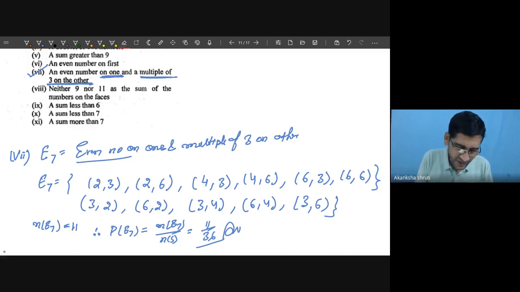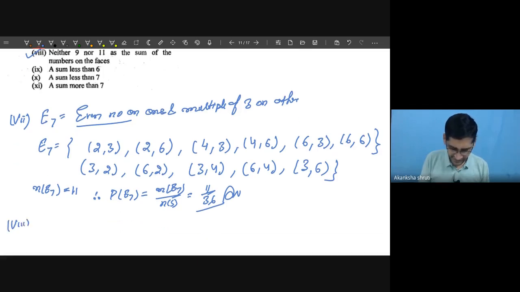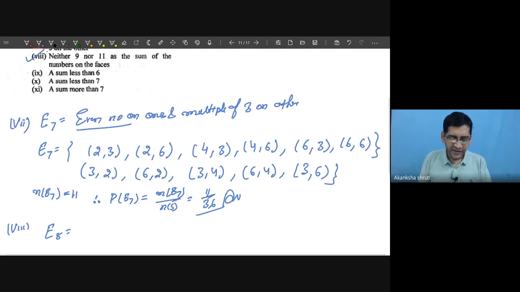Now let us come to the next question. Question number 8. Let us write down the event: getting neither 9 nor 11 as the sum of the numbers on the surface.